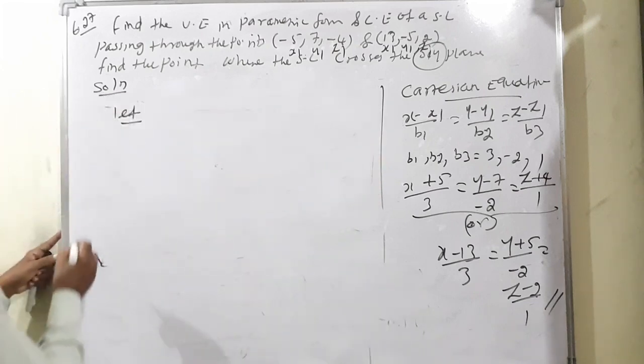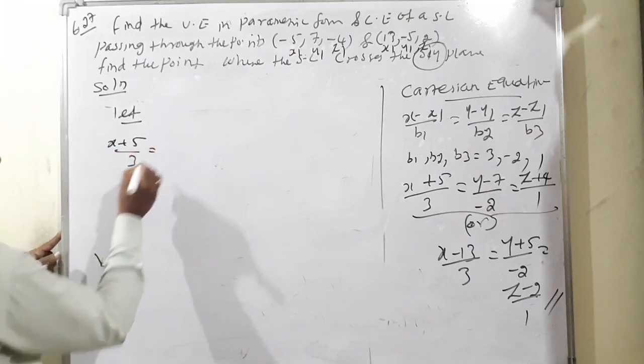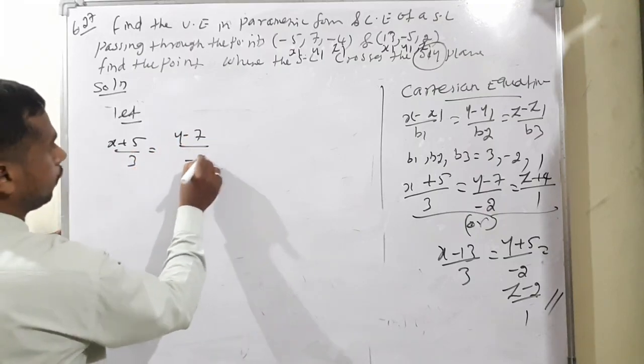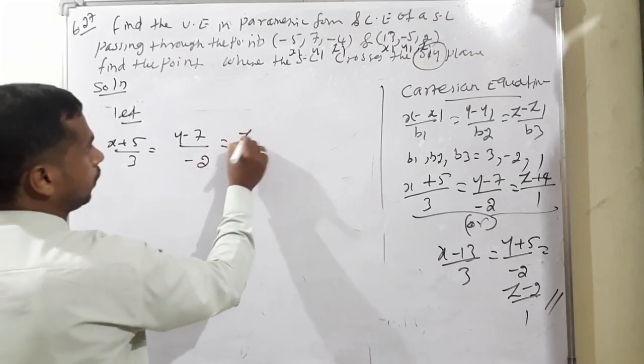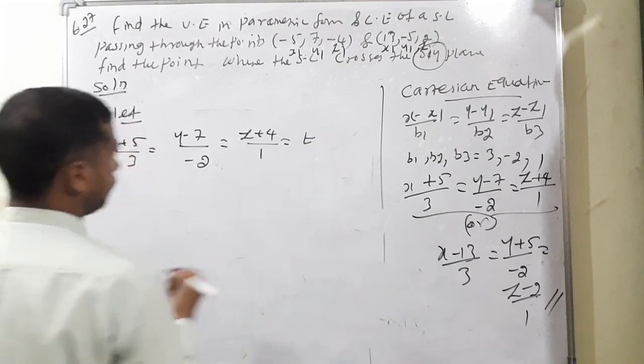What will happen? x plus 5 by 3 is equal to y minus 7 by minus 2 is equal to z plus 4 divided by 1 is equal to t.